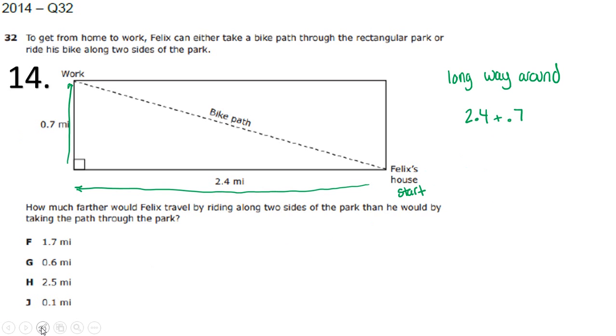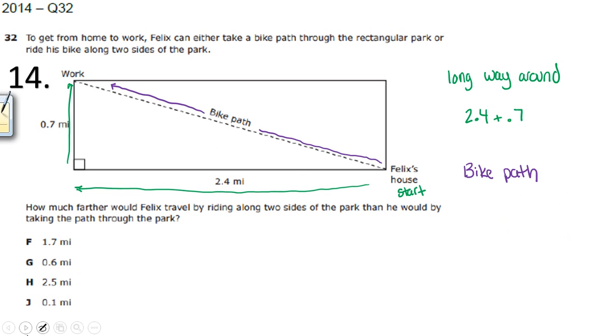Now, I'm going to change colors because we actually have another way we could take. We could take this diagonal. So let's call that the bike path since they labeled that for us. Now, the bike path we do not know.